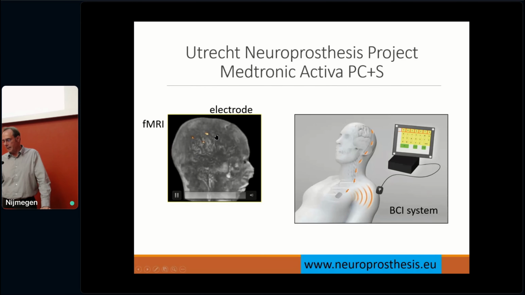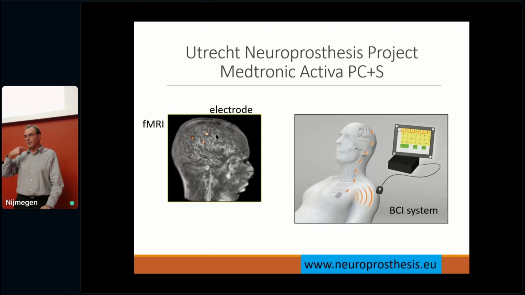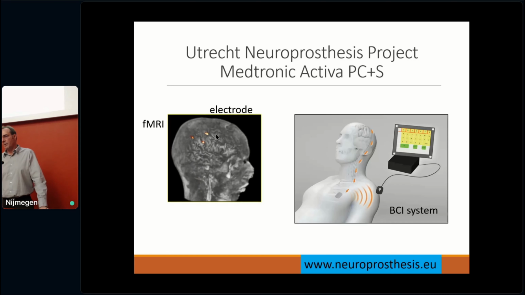We would identify the hand area with fMRI. The surgeon would drill a hole, place electrodes on top, close the hole, and then take the lead under the skin to a device here, an experimental device that we helped Medtronic develop to meet our needs. It was developed for Parkinson's for different reasons, but it served our needs quite well.